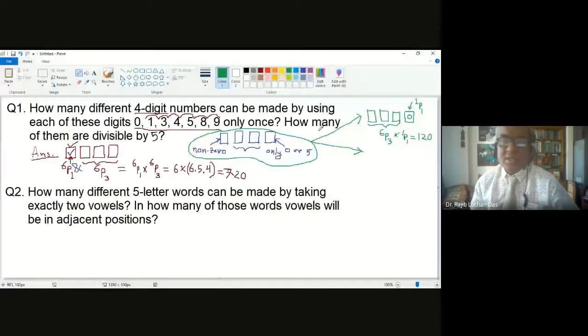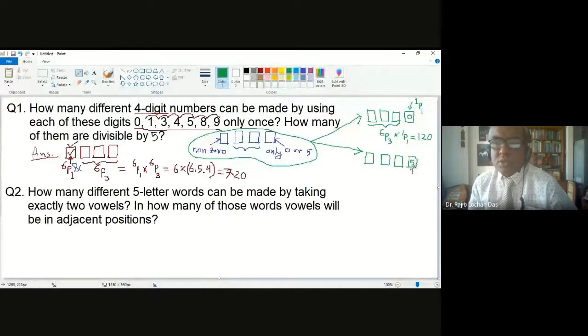Another part is, if you think that the last position is 5, then there is a chance of being 0 in the first position. So now you are considering the last position is 5, and it is 1P1 again, because there is 1 five and 1 position. So 1P1, no problem. But now you may have 0 in the first, so you need to consider that the first position is non-zero.